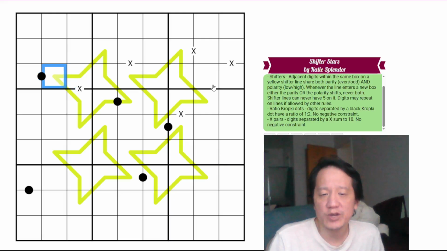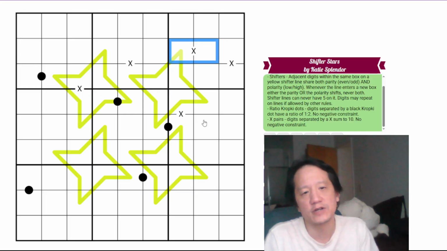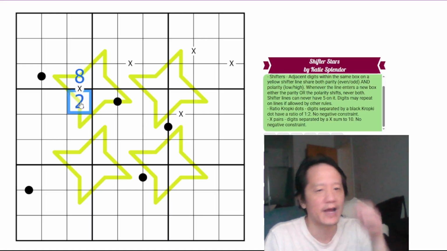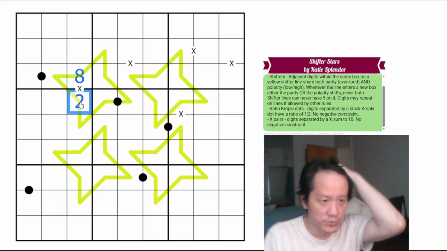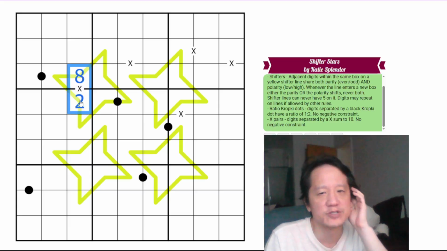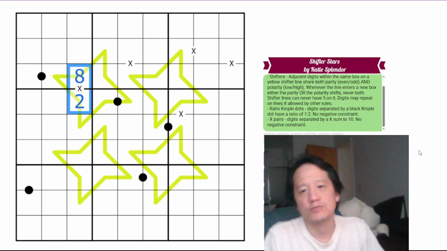And finally, we have X pairs, where digits separated by an X sum to 10, and there are no negative constraints there either. So for example, if this was an 8, this would have to be a 2 so that they would add up to 10. And those are all the rules.